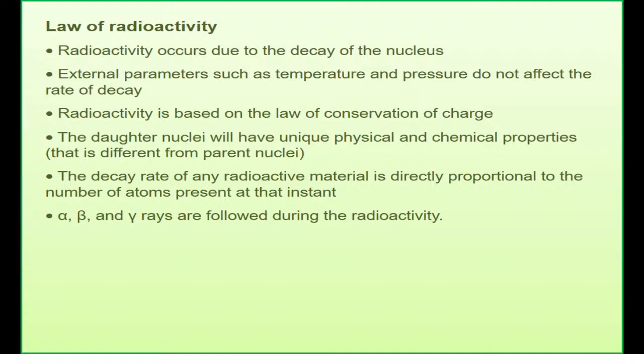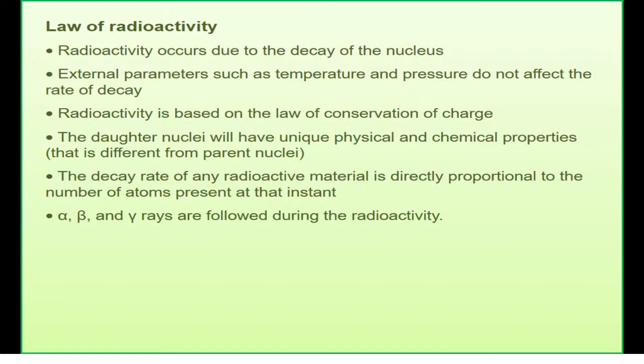The daughter nuclei will have unique physical and chemical properties. They are absolutely different nuclei from the parent nuclei. The decay rate of any radioactive material is directly proportional to the number of atoms present at that instant.